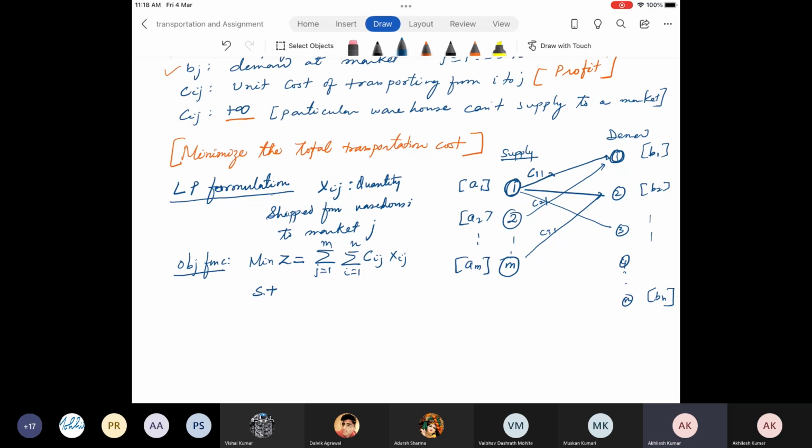All the arcs which are coming out of warehouse one, the summation of all the quantities should be less than what? Supply. So summation Xij should be less than or equal to Ai for J ranging from 1 to M for all I. This is called the supply constraint.